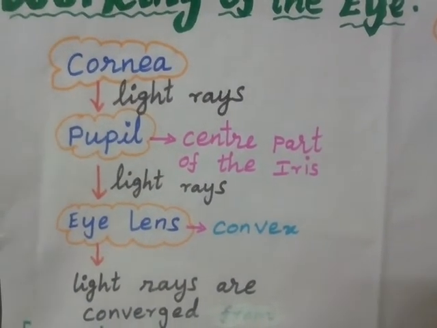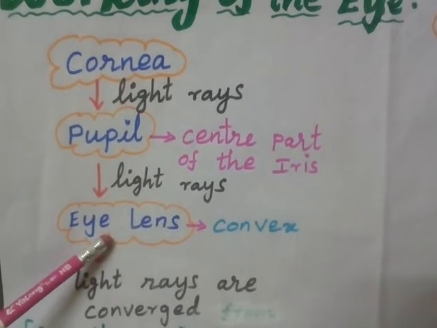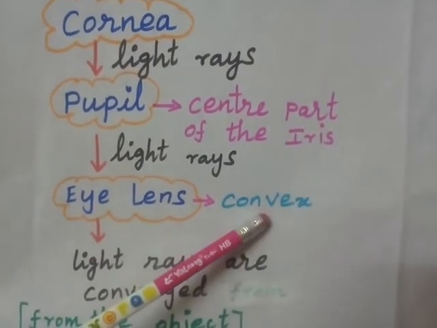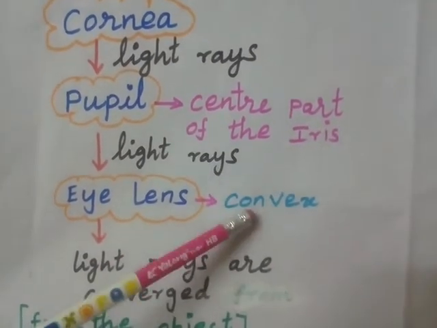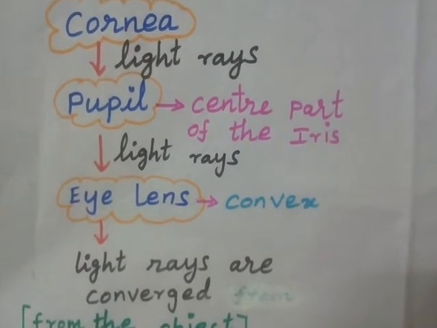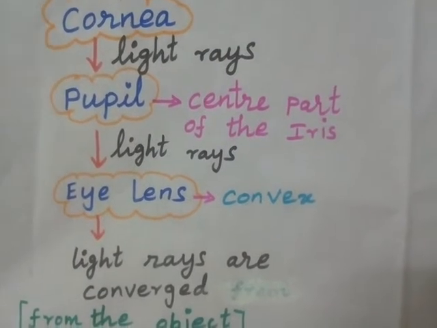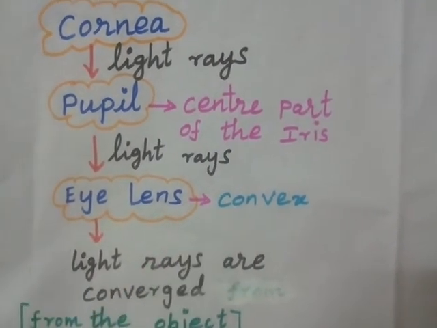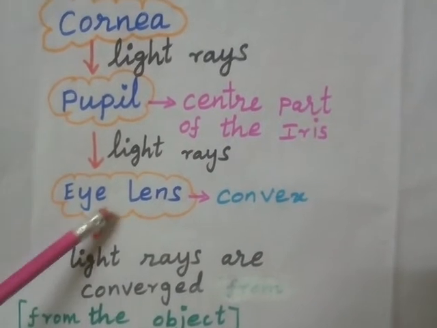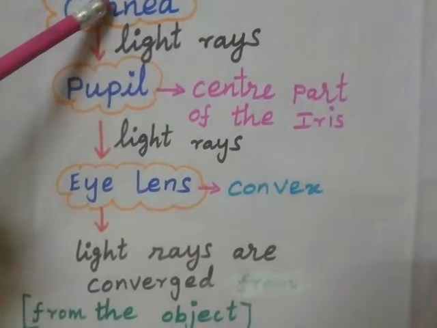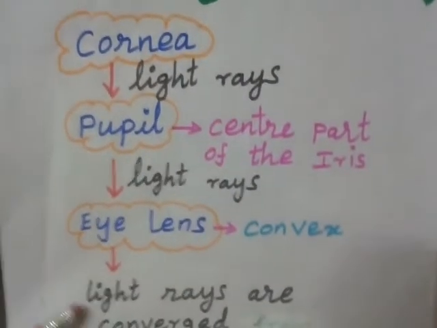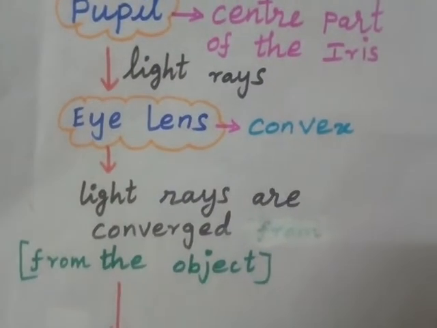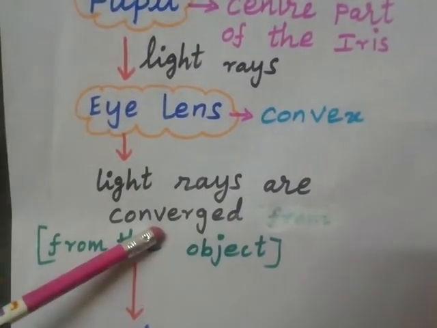The next one, what is the nature of the eye lens? The nature of the eye lens is a convex lens, because in a convex lens the middle part is thicker than the edges. When the eye lens receives refracted light rays from the cornea, the light rays are converged. What is meant by converged?